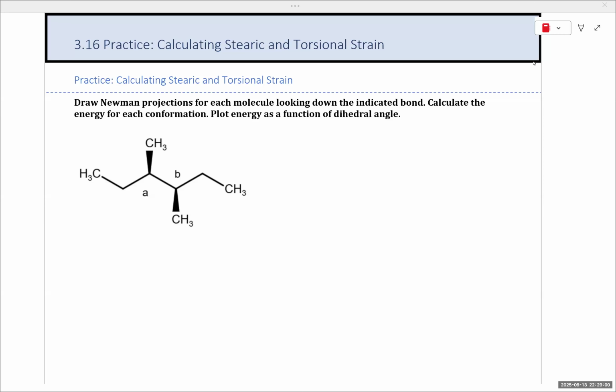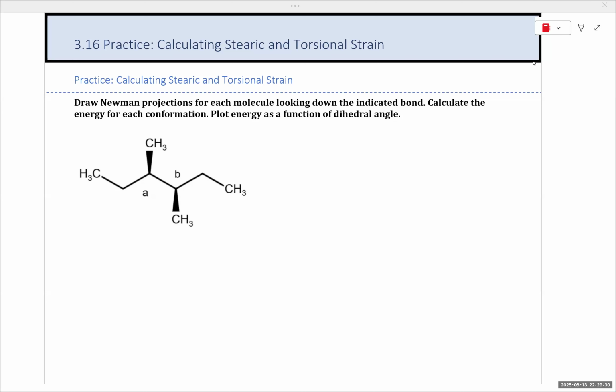So far in our lecture, we've been discussing primarily qualitative approaches to identifying the lowest and highest energy conformation of a given molecule. What we're now going to do is focus on some quantitative approaches, where we're going to draw Newman projections for a given molecule, looking at each conformation across various dihedral angles.